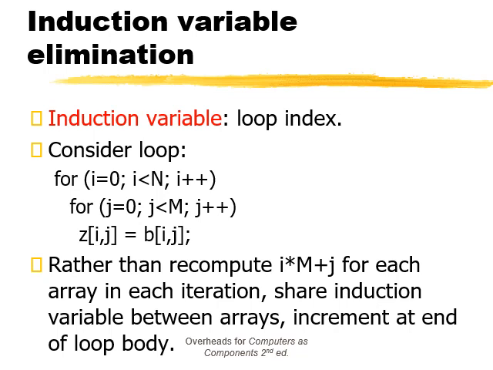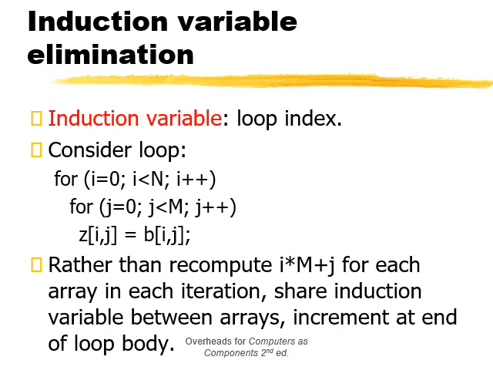A nested loop is a good example for the use of induction variables. As you can see here, we have a nested loop and we are just assigning the values of the B matrix to the Z matrix. Now rather than using rows and columns, we can simply use i times m plus j for each array in iteration.